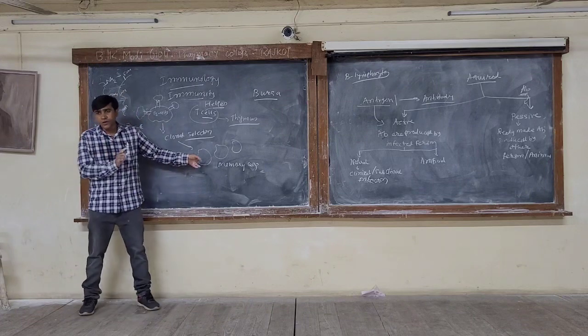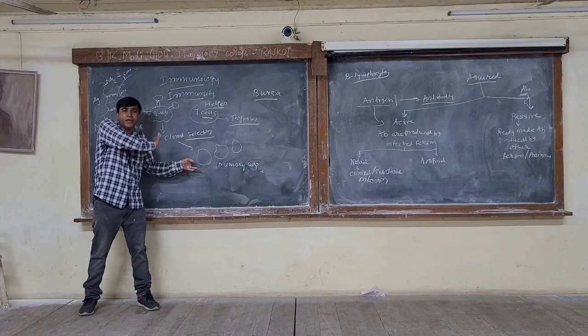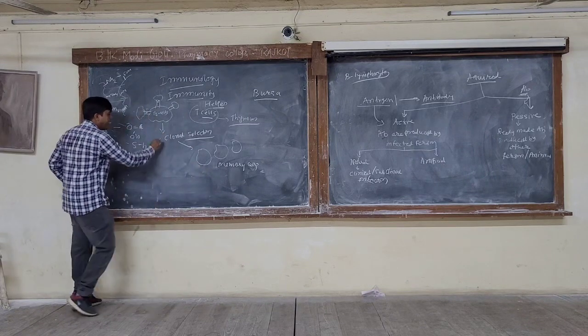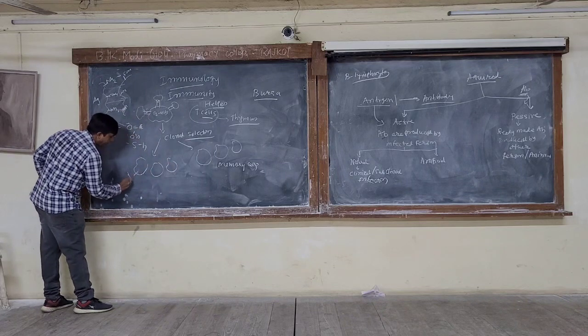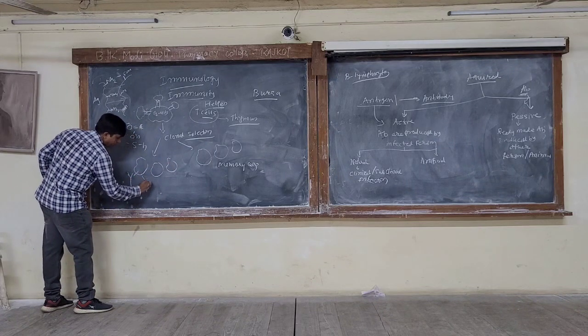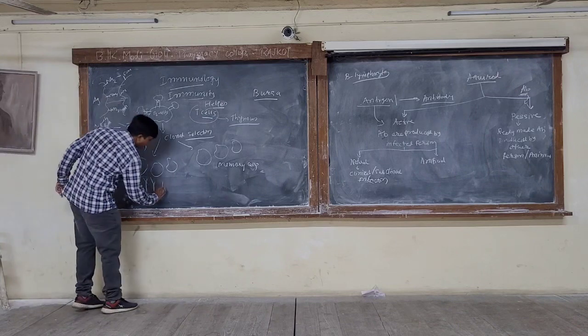So, a few of the B cells will multiply and they will remain as a memory cell, while the rest will act as a producer cell. They will produce the antibodies. Okay? They are producer cells.